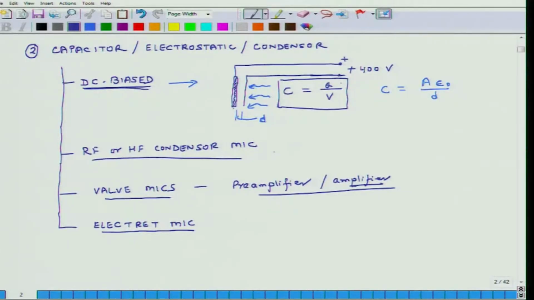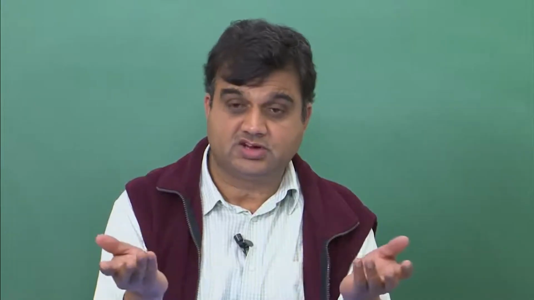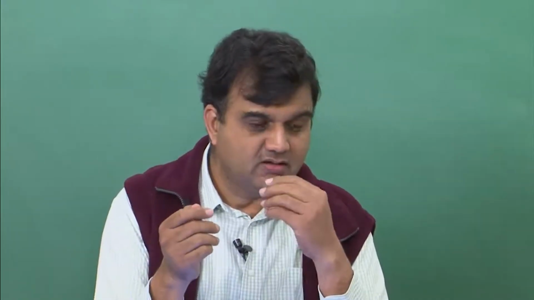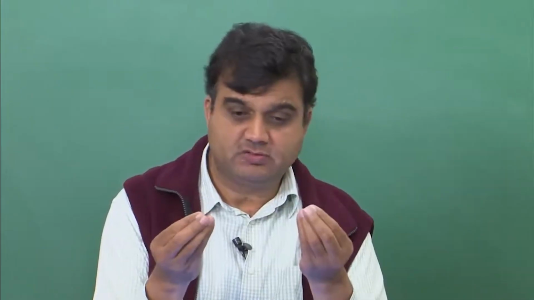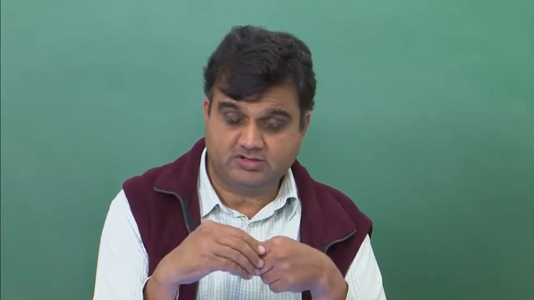Now what is electret? So electret is essentially a type of material which stores some sort of permanent charge on it. It could be something similar to ferromagnetic material. How is this done?